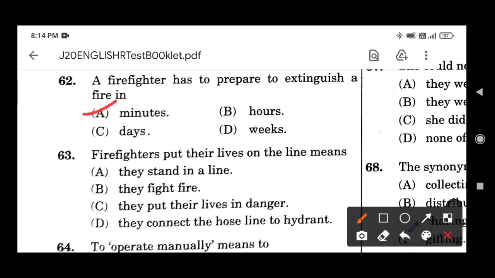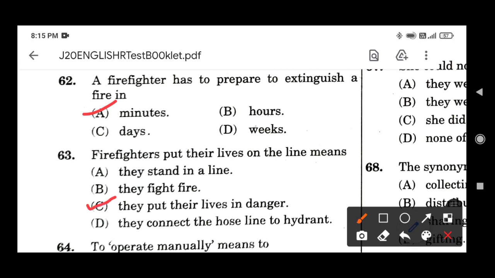So you have to bubble the circle of the option A. Now, firefighters put their lives on the line means, so here what are the options, friends? A, they stand in a line, they fight fire, they put their lives in danger, they connect the hose line to hydrant. So what is the answer, friends? Yes, exactly. The answer is C.